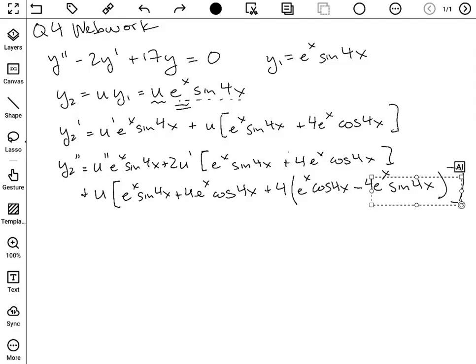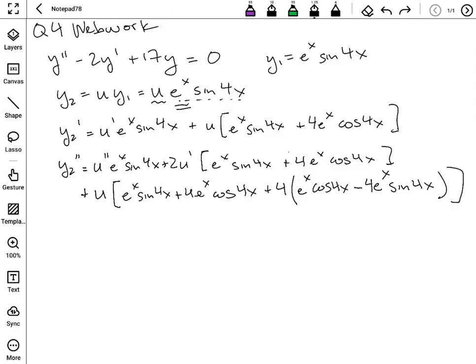Okay, there we go. So that's all my derivatives, and now I want to plug all this into my ODE and try to figure out what u has to be in order for the ODE to be satisfied. So I'm just going to start plugging in all my derivatives into this equation for my ODE. I'm going to start with y2 double prime.